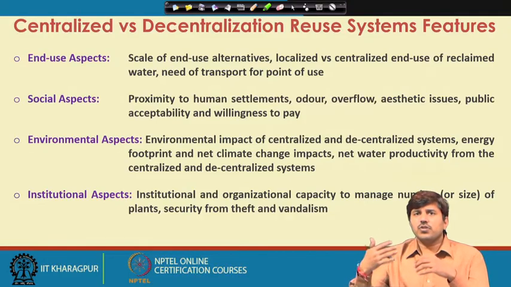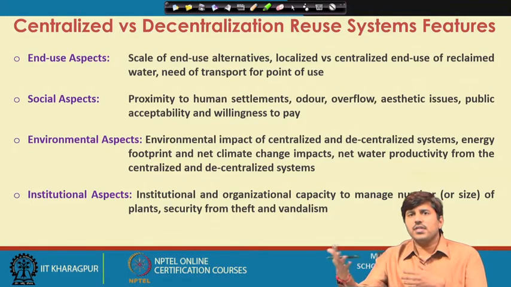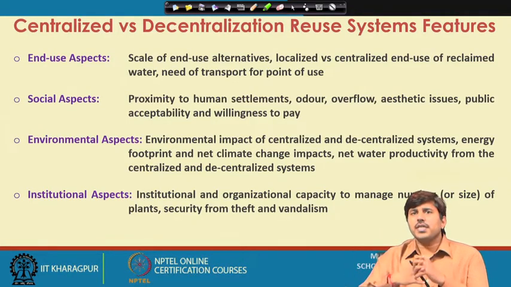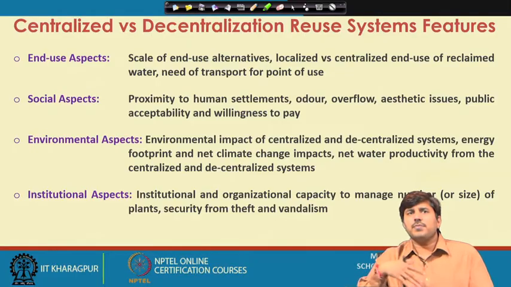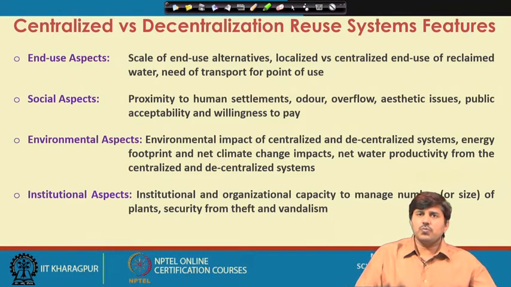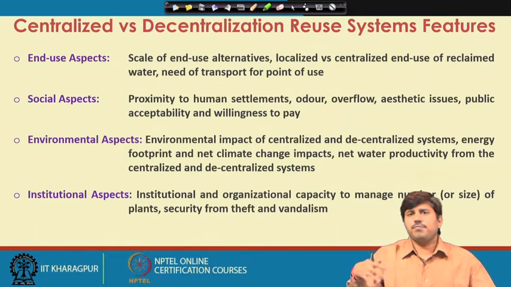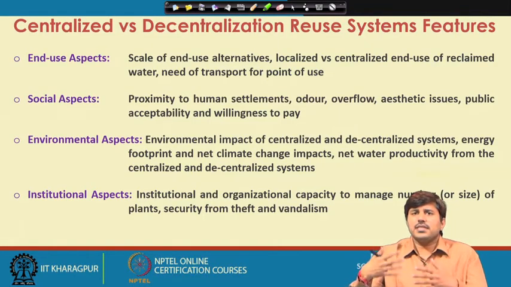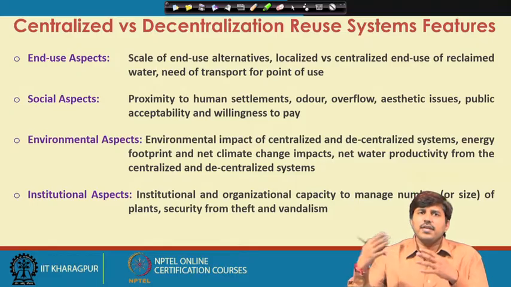There are also odor issues and overflow issues. If your sewerage is overflowing, then aesthetic issues, all those things may create issues with public perception and public acceptability. Willingness to pay can also be affected, if I am getting reused water for processing here itself. So, those factors eventually affect the willingness to pay as well. Those are the various social aspects.